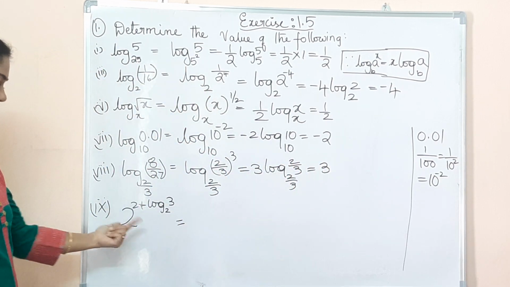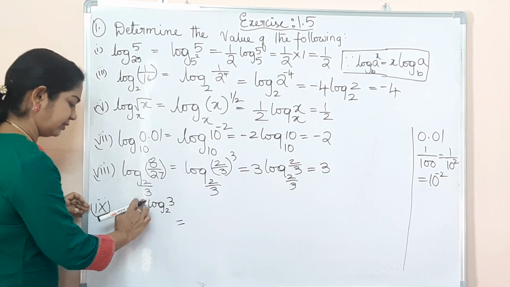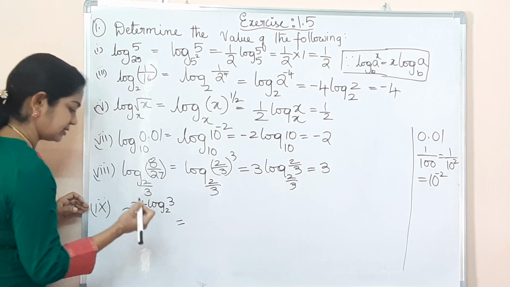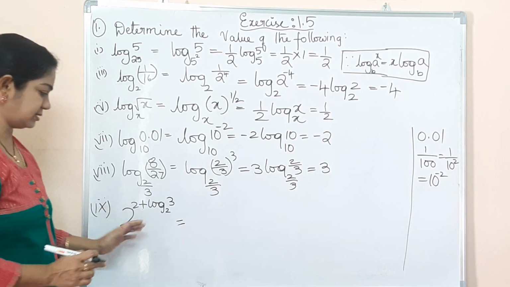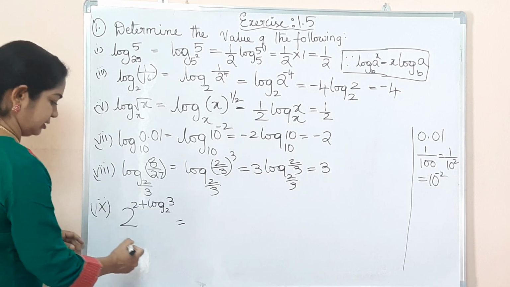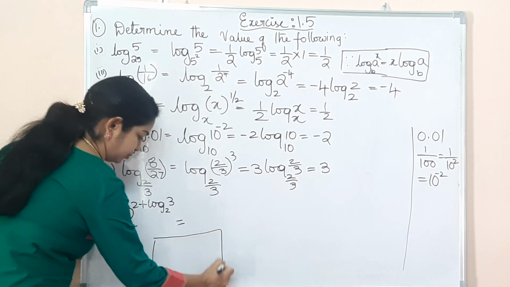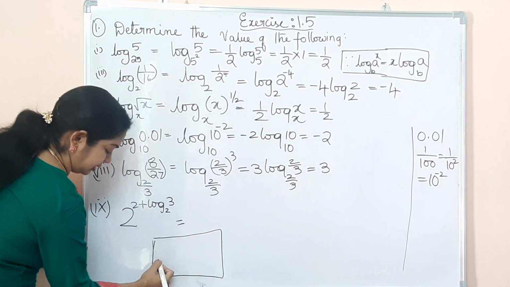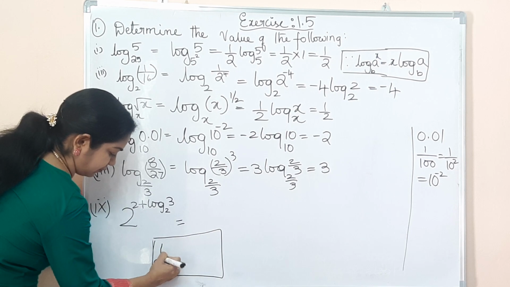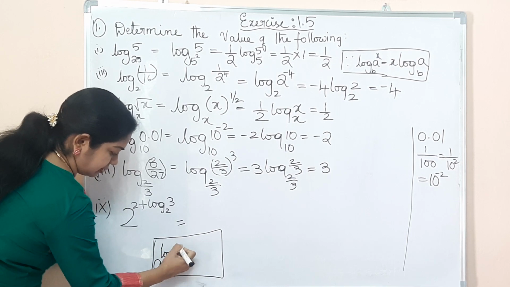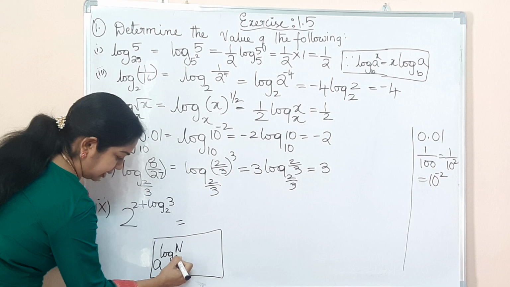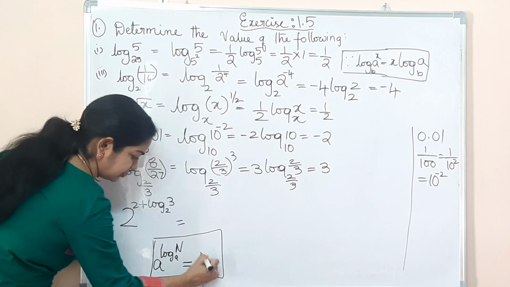Okay. Now see here. This one, we haven't got this. This is plus. See here. This one, there's a property which we need to know. I'll tell you the property. See here. If a to the power of log n base a, this will simply deduce to n.